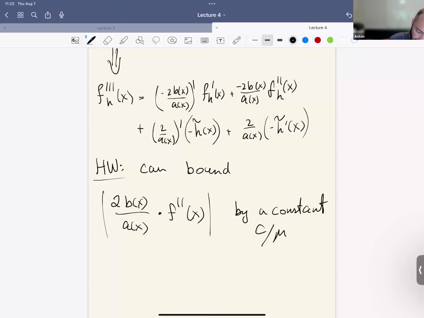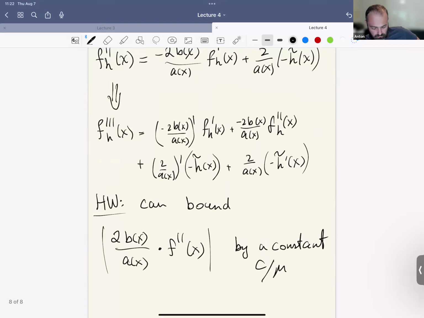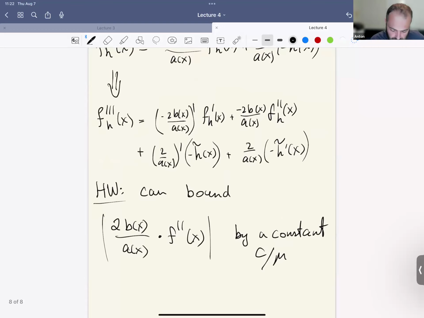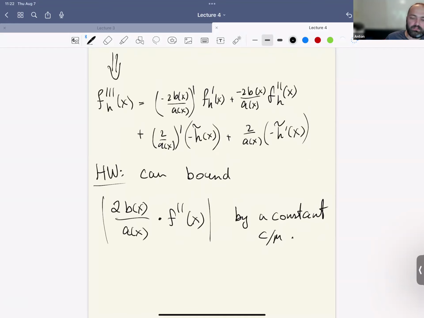And it will be something like c over mu. No, not c over mu. This one will not have c over mu. No, it will. Yeah, whatever. Okay. This is already pedantic enough.